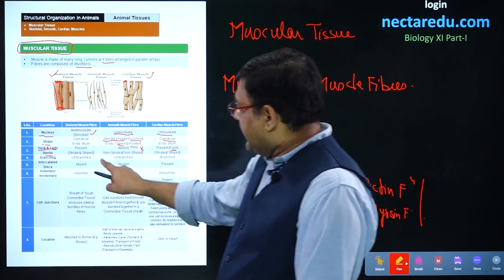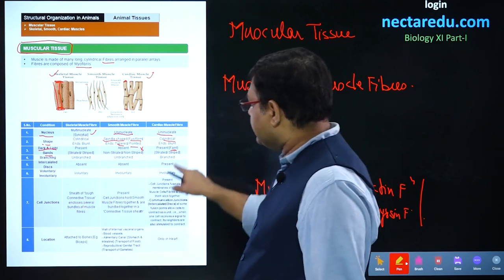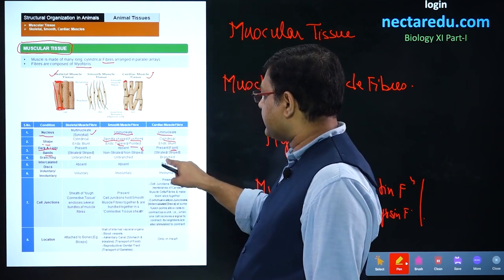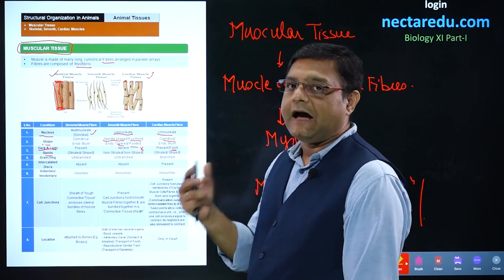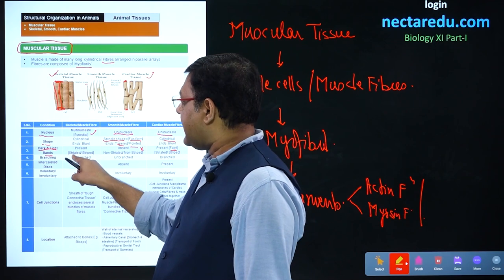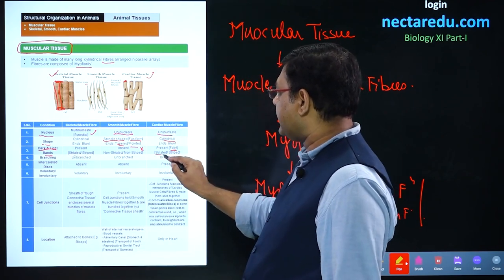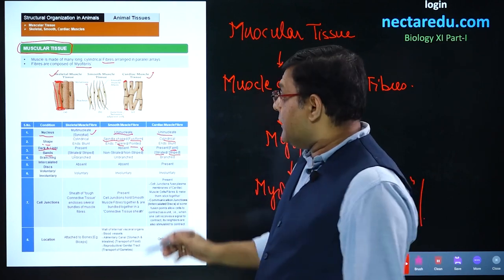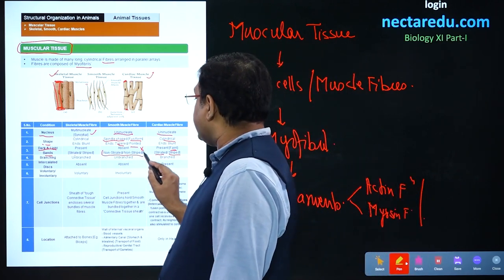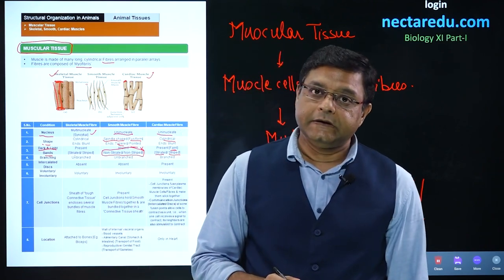In skeletal and cardiac muscle fibers, strips were there, dark and light bands were there. So, we can call skeletal muscles striated or striped. Cardiac can also be called striated or striped, but smooth muscles are called non-striated or non-striped muscles.